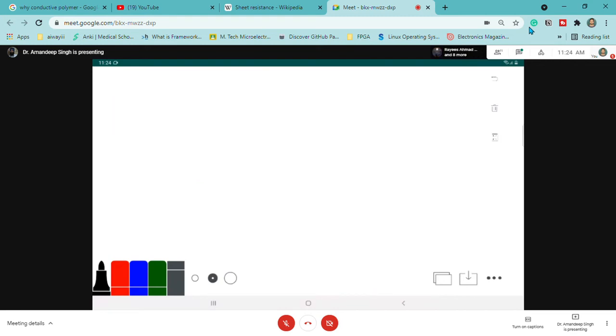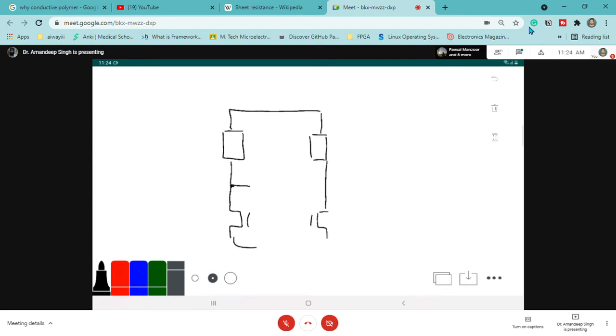If I just draw the generalized structure for the SRAM, this is node and this is node.